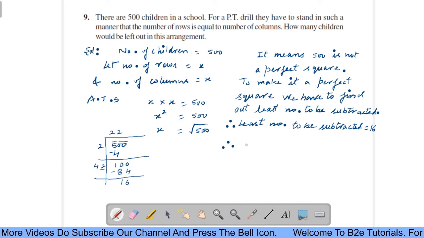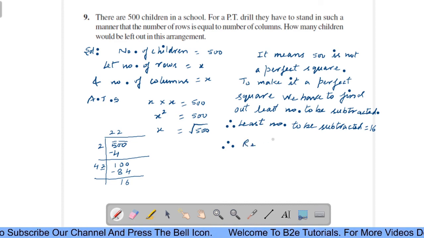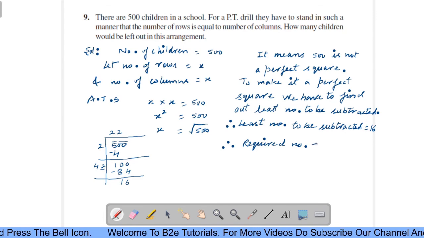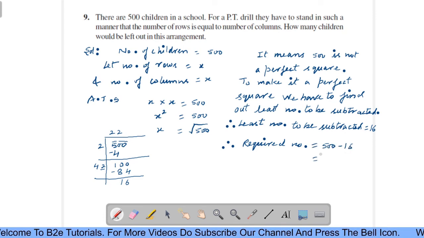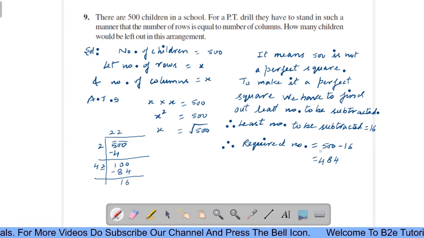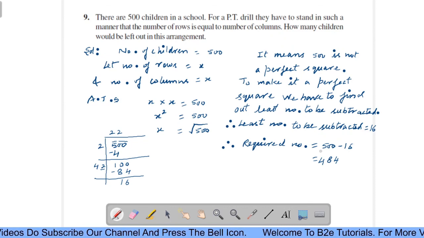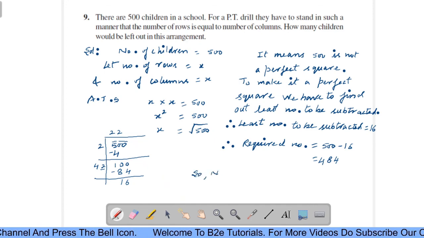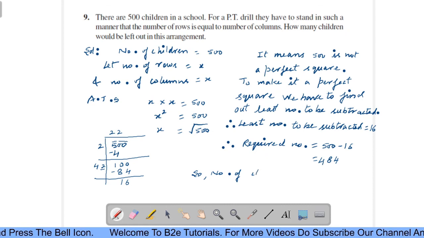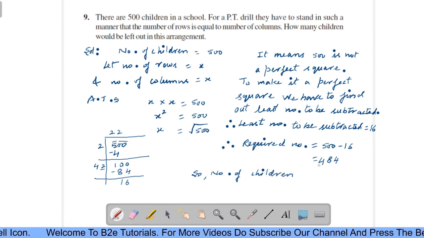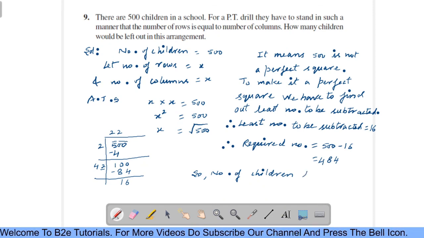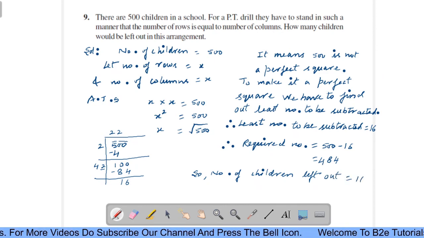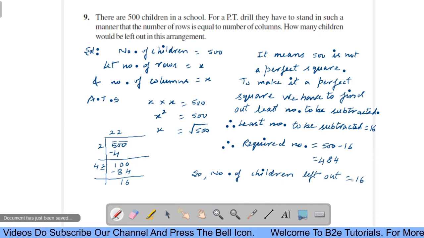Therefore, the required number is 484. So the number of children left out equals 16. This is your answer. Thank you.